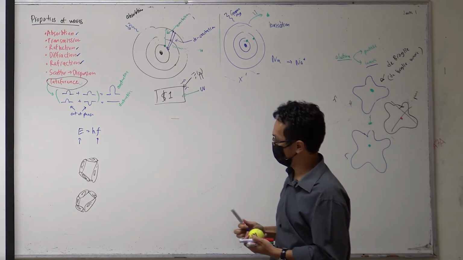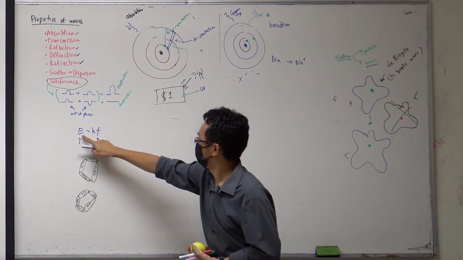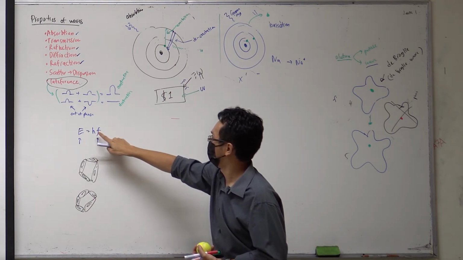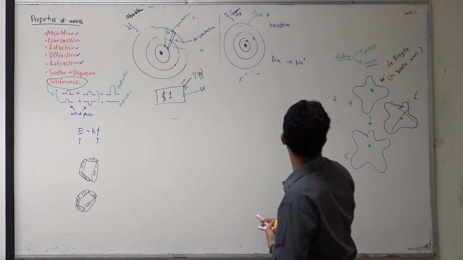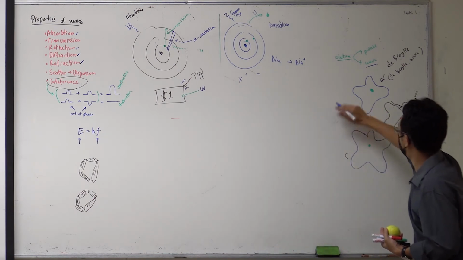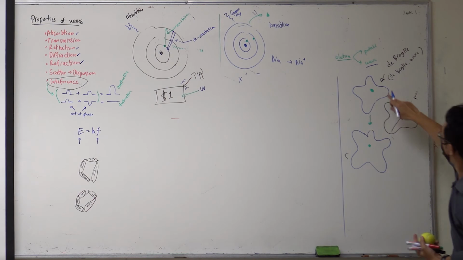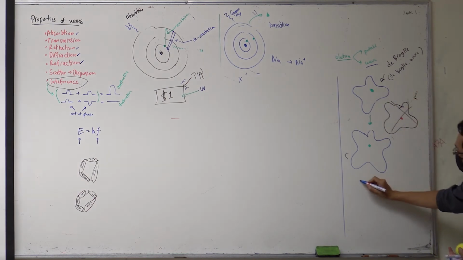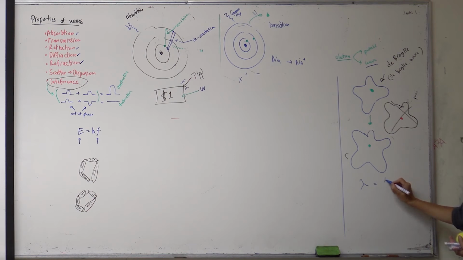So we know before that energy equals hf. There is also one for this de Broglie part. They equate the wavelength lambda to h divided by the momentum.